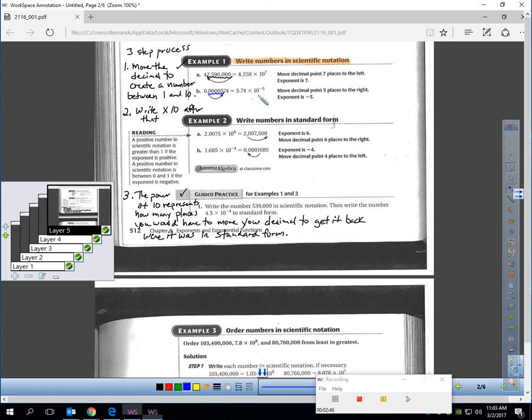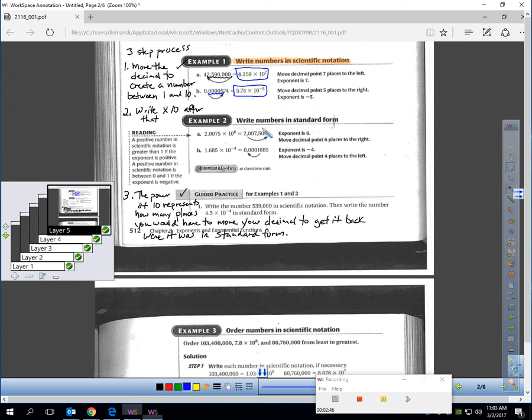That's why I have a negative fifth power. There is my number in scientific notation. Now you notice, if it's a large number, you'll have a positive exponent. When it's the tiny decimal numbers, you will get a negative exponent.